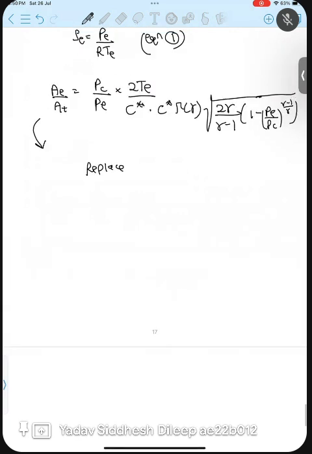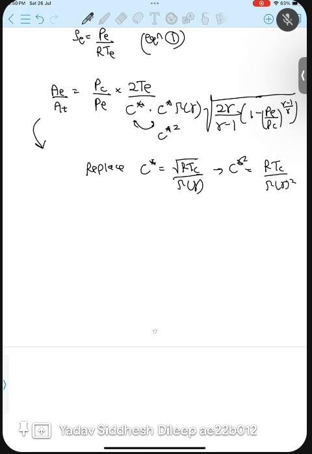Replace C star as root RTC, so C star square equals RTC by gamma of gamma, the whole square. Then you have PC by PE.